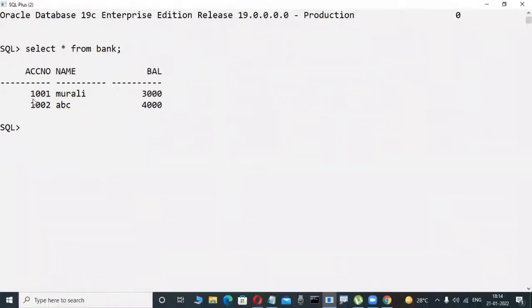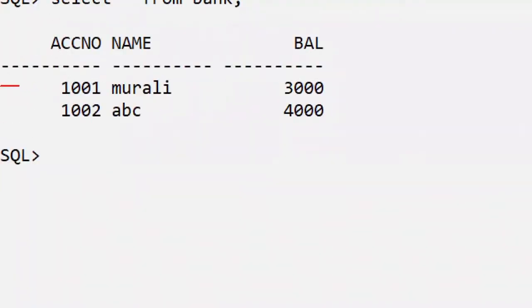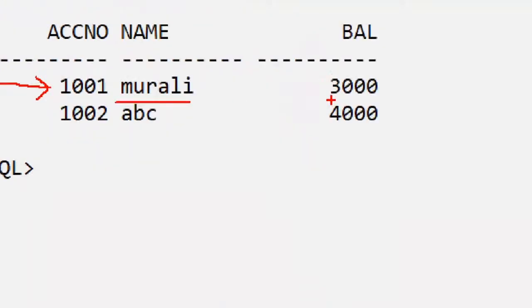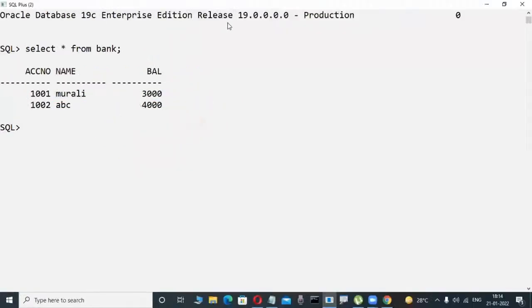Suppose this data, observe it here one minute only. 1001 is an account number. My name is Murali, I'm an account holder. My balance is how much? 3000 is there. Observe it here, my balance is 3000, for example.